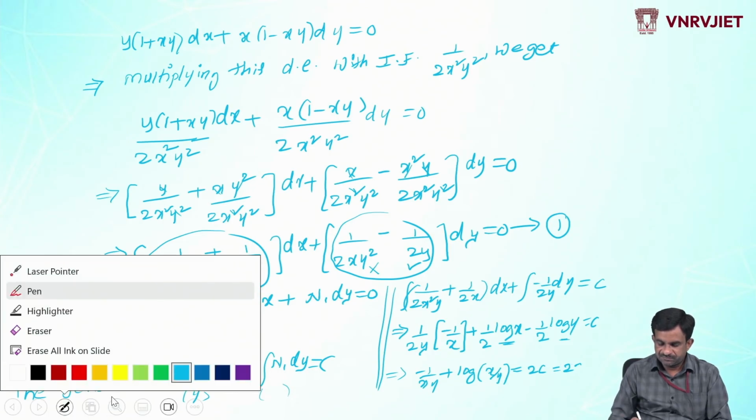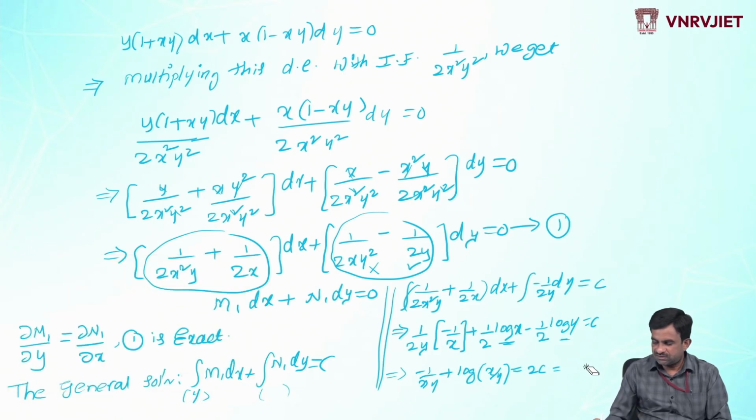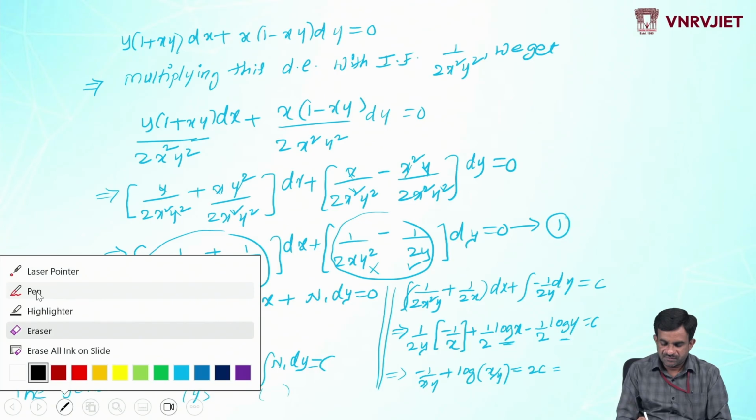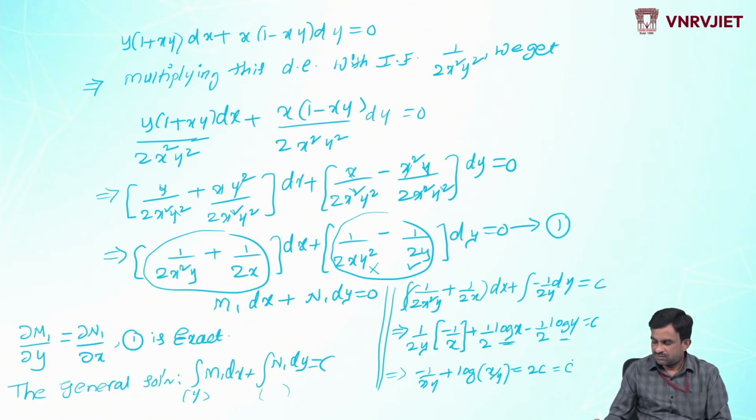Since it is an arbitrary constant, you can write this simply as c star or k, whatever it may be. So this is the required solution of the given non-exact differential equation by using method 1.